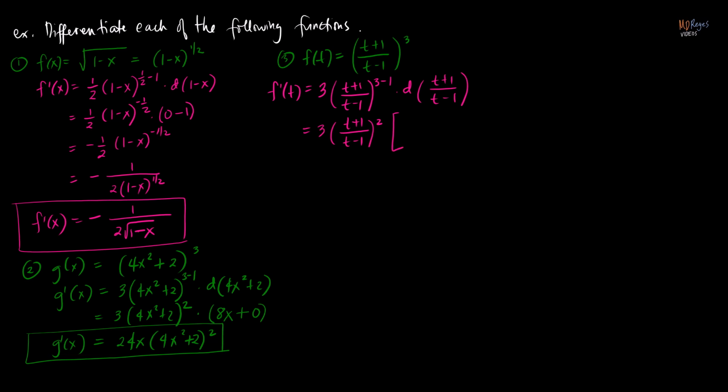Now we go to the derivative of the quotient using quotient rule. So remember the quotient rule. This is u and this is v in the quotient rule.